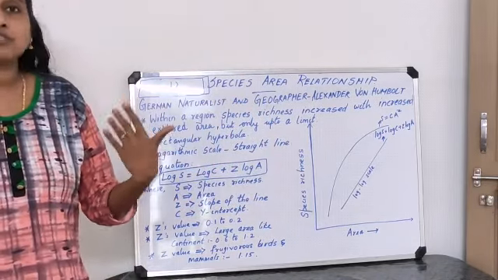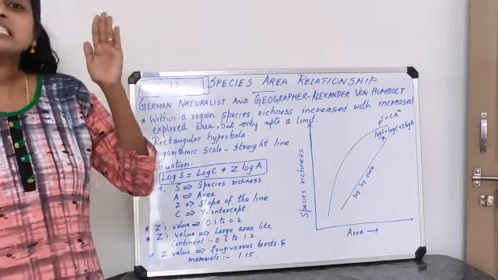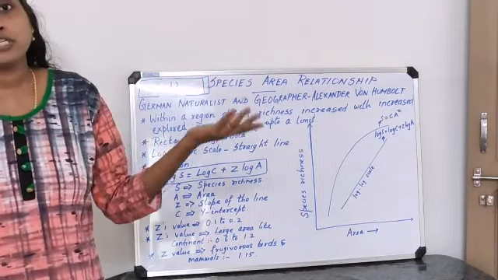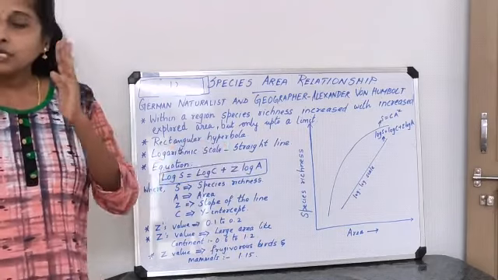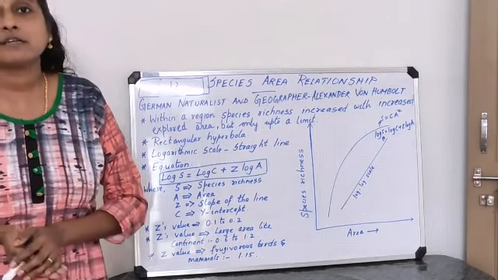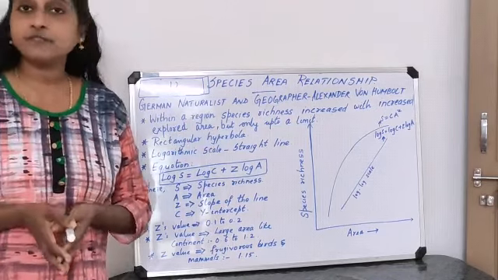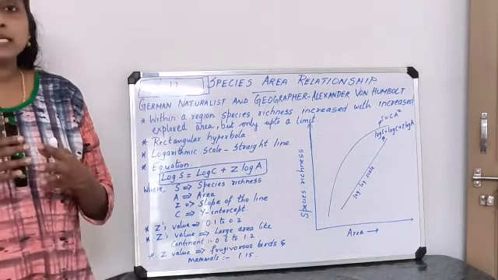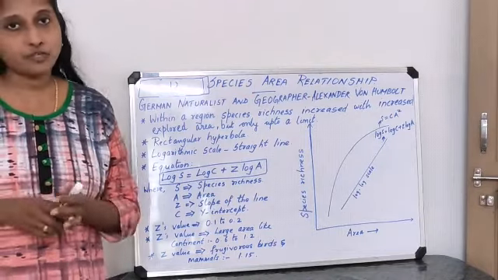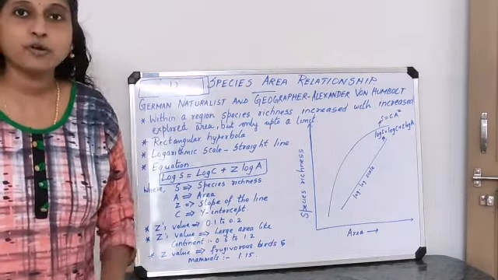These were the old species which were already found. So there is a limit for increase in the species richness. Only to a certain level can you find the increase taking place. Thereafter already what is there will be present, and new species you cannot find.